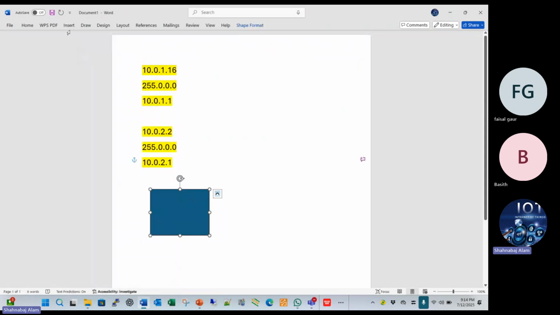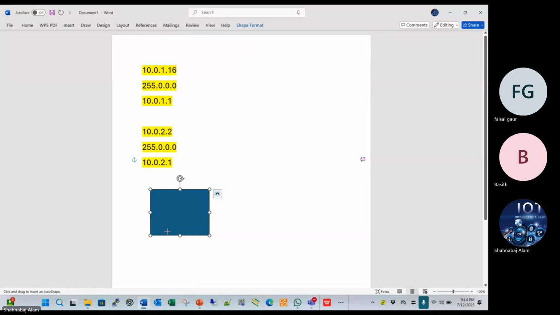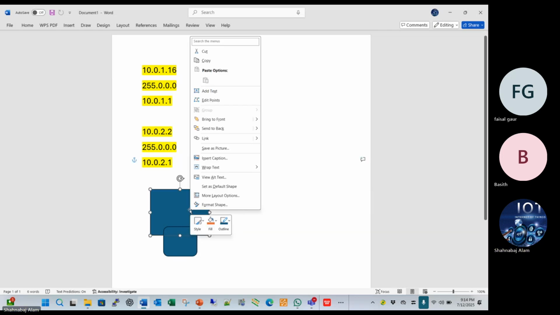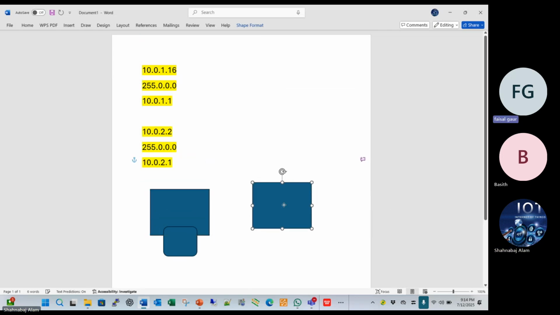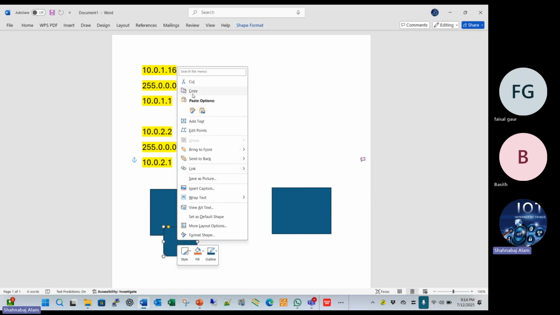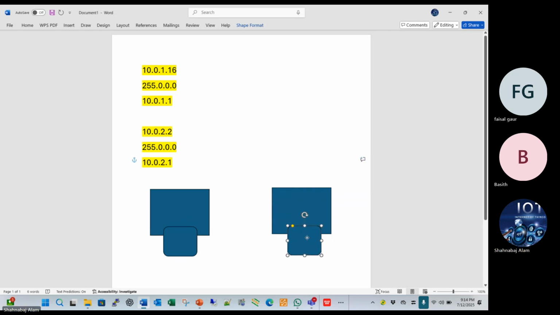Suppose this is PC1, and the same again: copy, paste. Here I copy and paste.